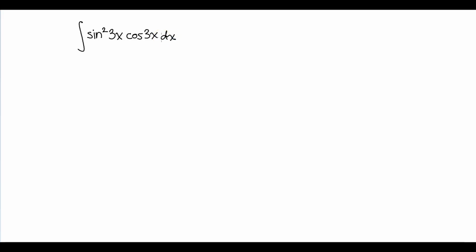Okay? Now, let's rewrite this integral so that we can clearly see a good substitution. Now we have cosine and sine, but sine is being squared. So it's most logical to let u equal sine of 3x.